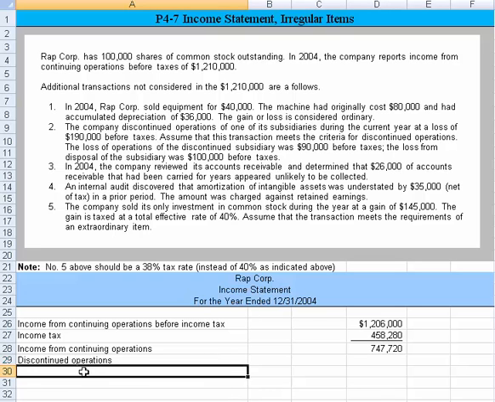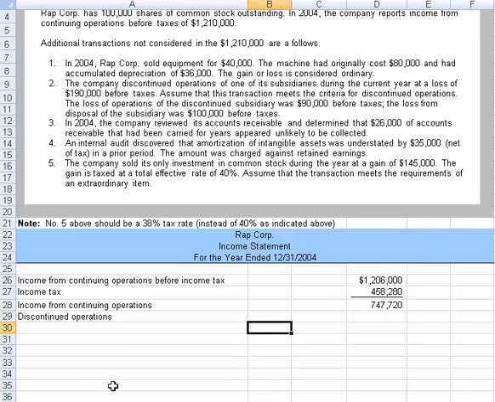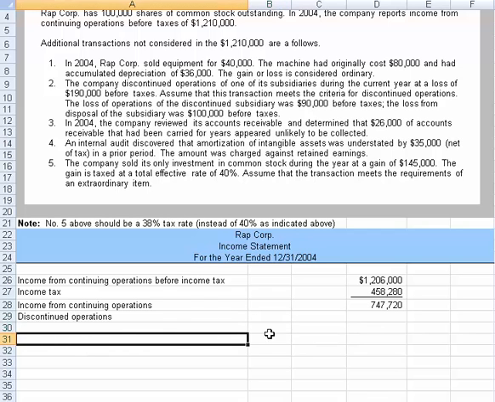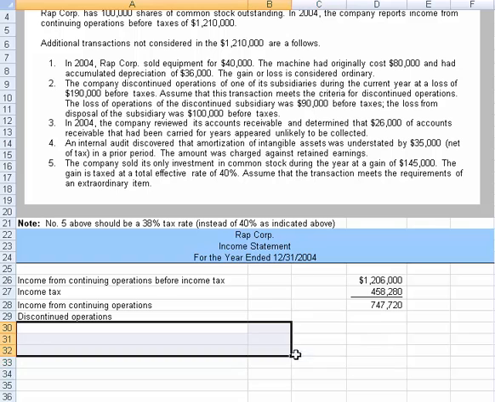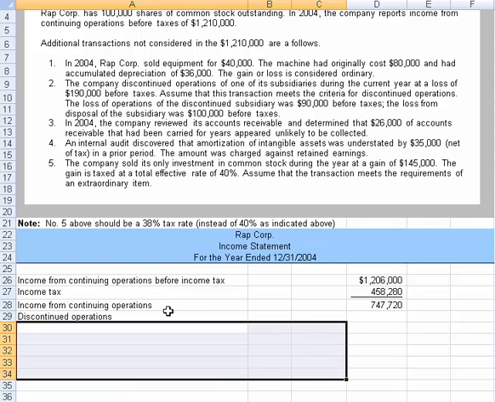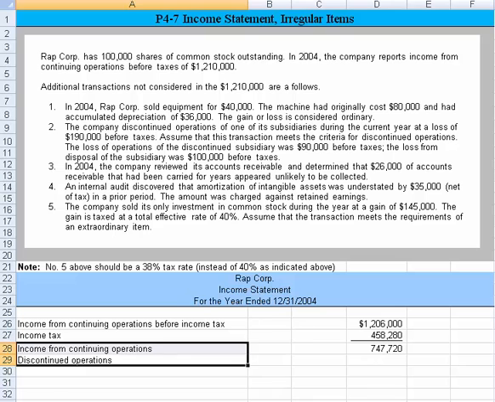And in the case of discontinued operations, we've had a couple things. We have had a loss from operations of the discontinued subsidiary, right?